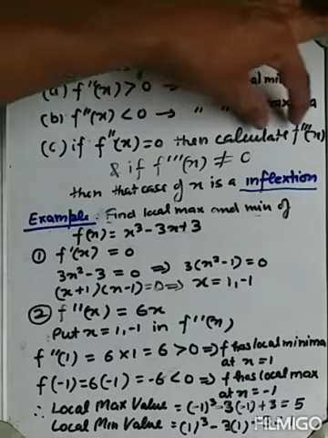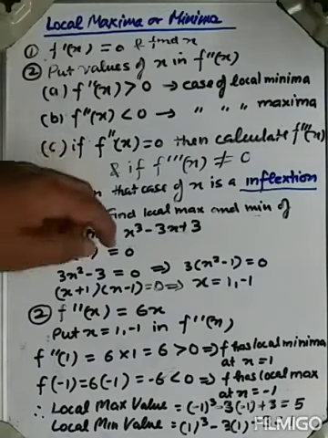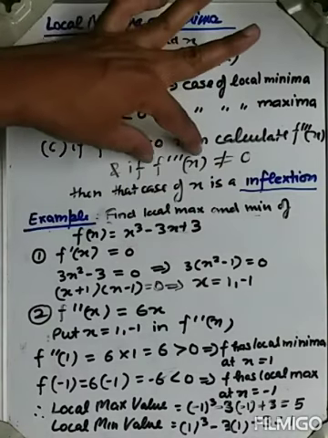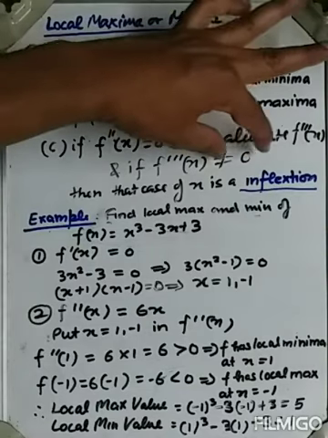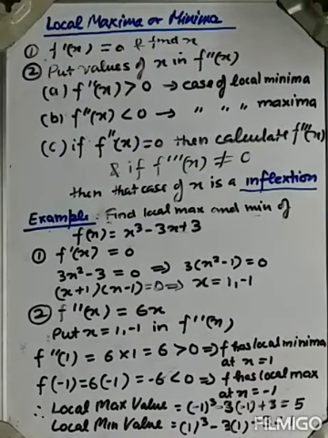then we have to calculate f triple dash x, meaning differentiate once more, and definitely f triple dash x on calculating will not be equal to 0. If it is not equal to 0, then that is the case of inflection. Now what is the case of inflection?